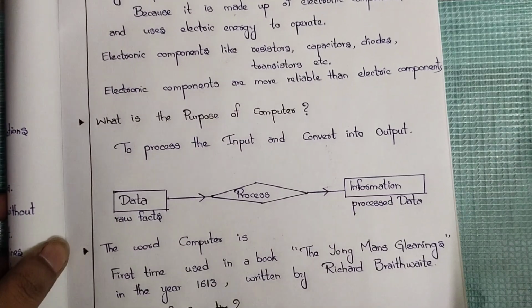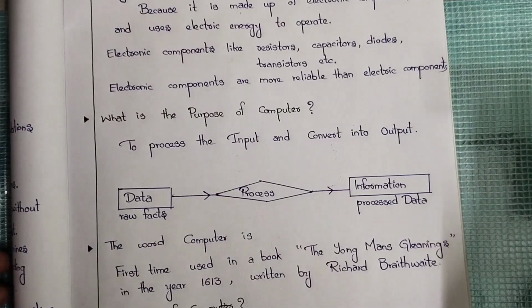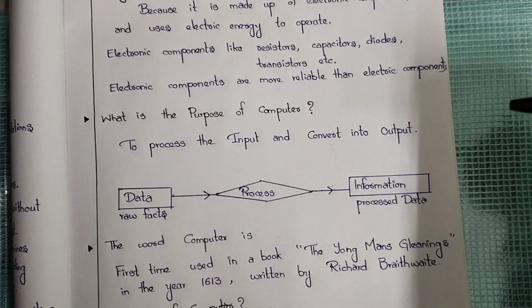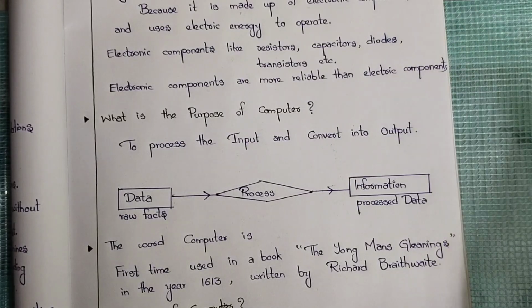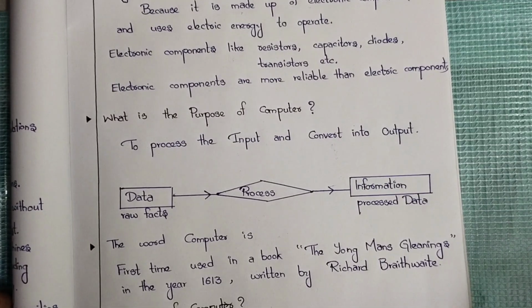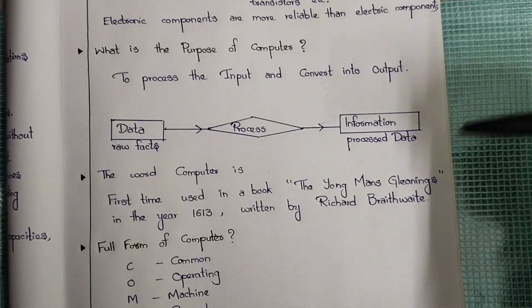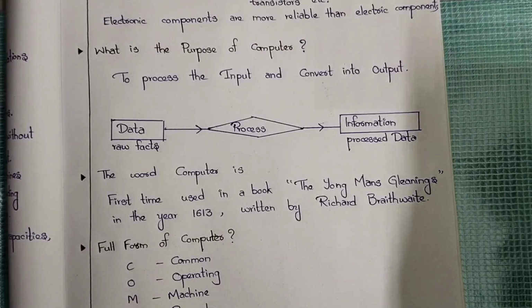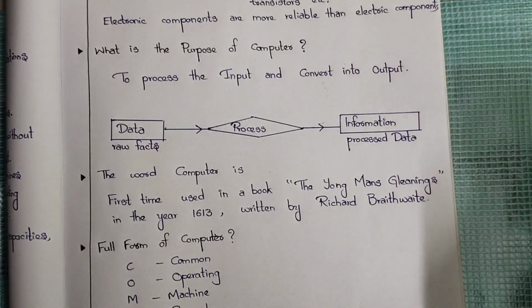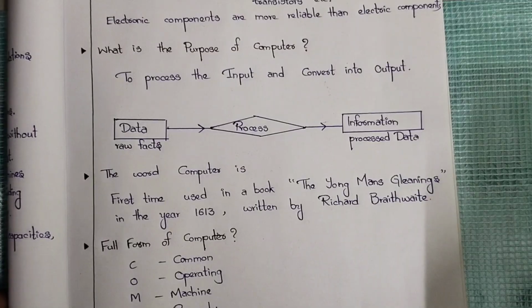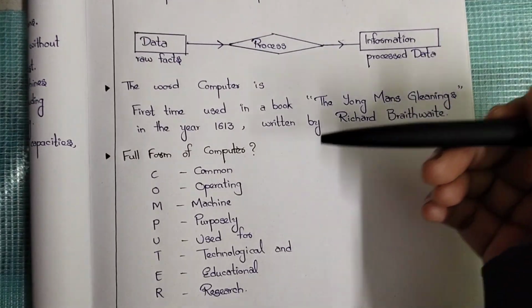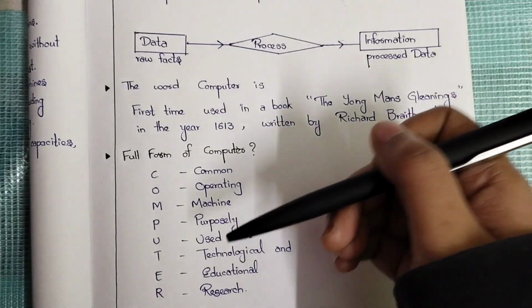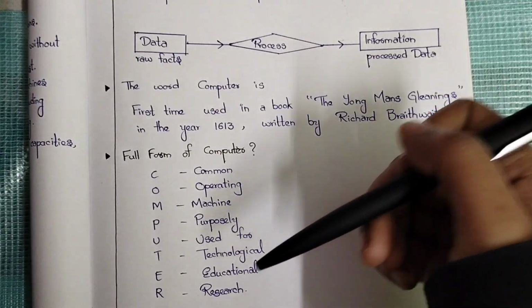The purpose of a computer is that it takes all the raw facts or data, processes it and produces information, which is processed data. The word computer was first used in the book The Young Man's Gleanings in the year 1613, written by Richard. And we learned the full form of computer: common operating machine purposely used for technological and educational research.